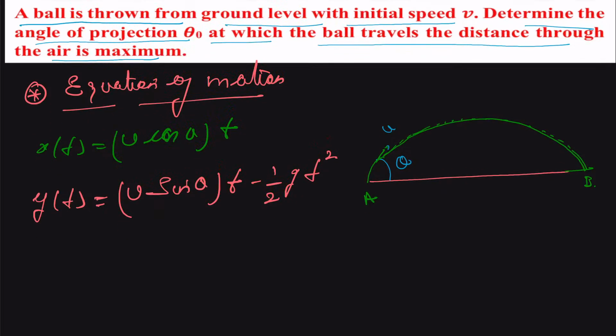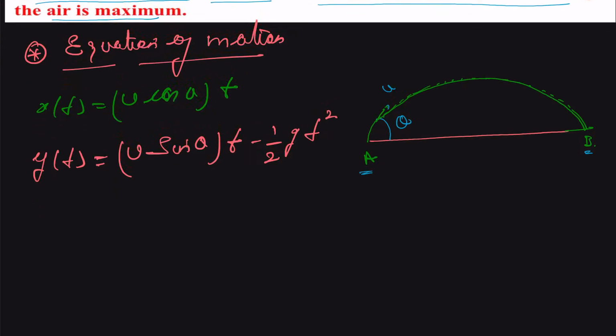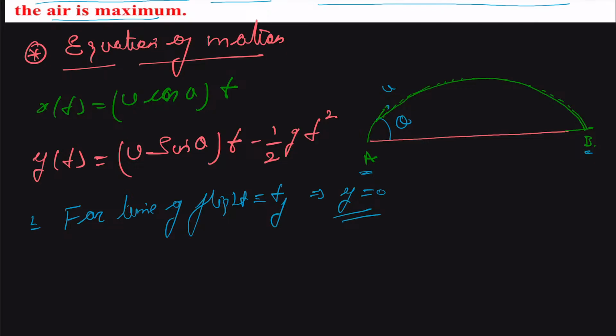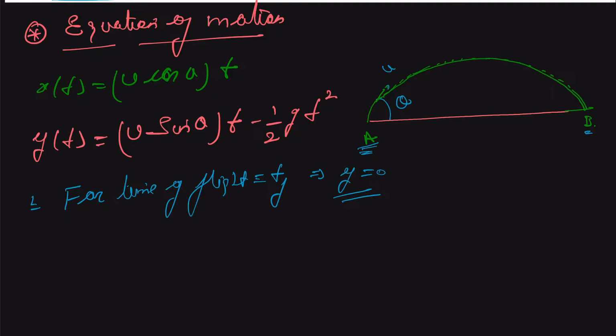The projectile starts from point A and reaches point B, and the time taken, or we can say the time of flight, if represented as TF, then for this time of flight TF, that is from point A to point B, the value of y should be equal to 0, because ultimately it starts from A and once again reaches the same level, so the value of y is equal to 0.